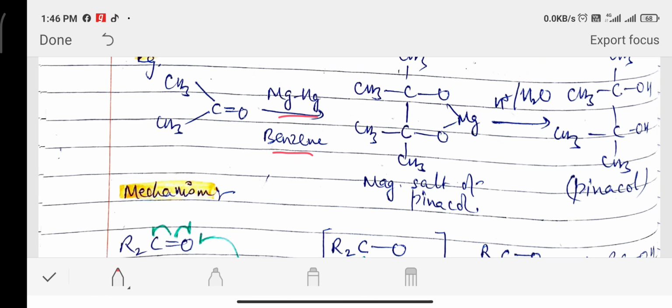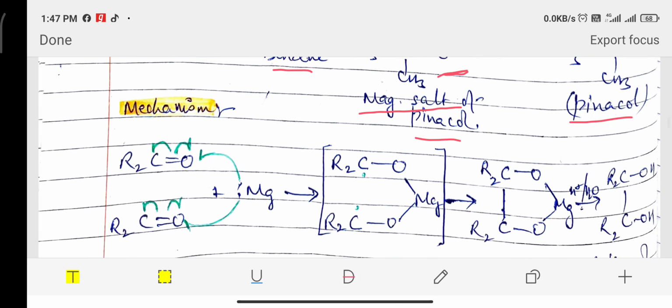It gives the magnesium salt of pinacol, in which two molecules of acetone are condensed in the presence of the active metal magnesium and form a cyclic intermediate, which upon hydrolysis gives the pinacol, that is a diol. This reaction is called pinacol reduction.